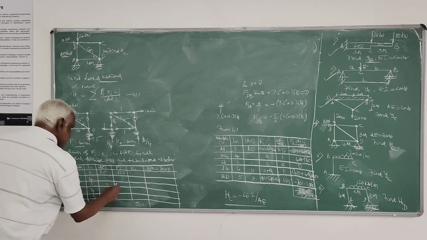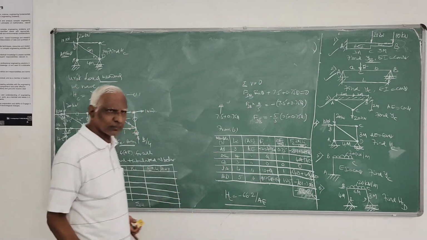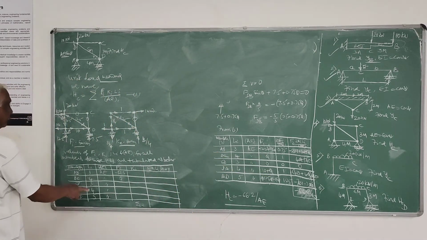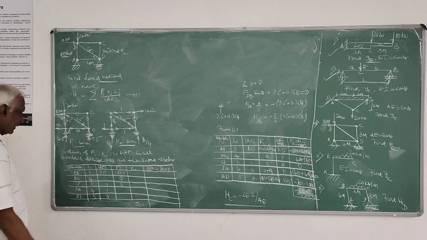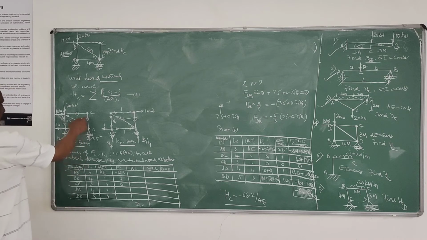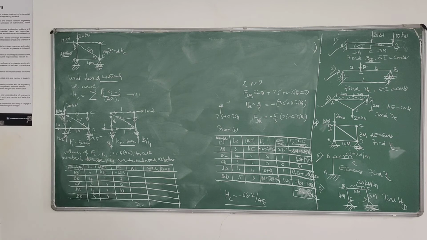12.5, BC is 0, then you got BC Q. Q equals 0, automatically it is 0. CD also 0. Then DA is 10, then it is 10 plus Q. Q if you put 0, perfectly alright.